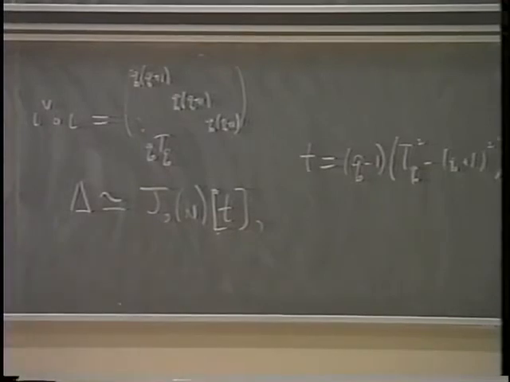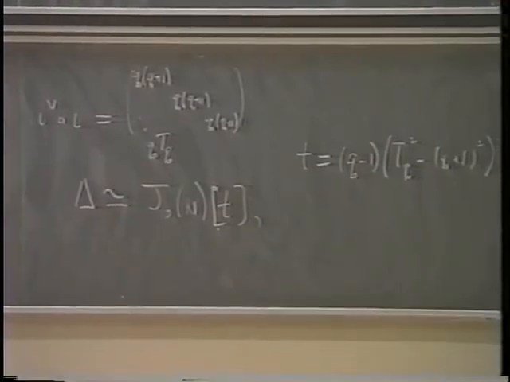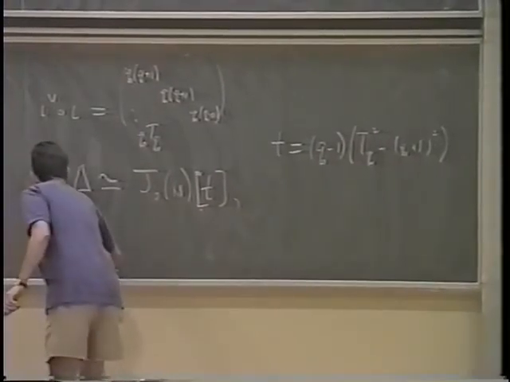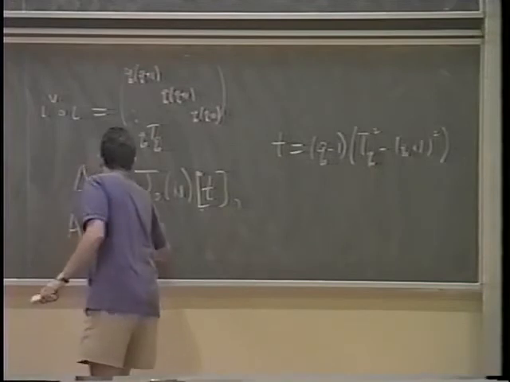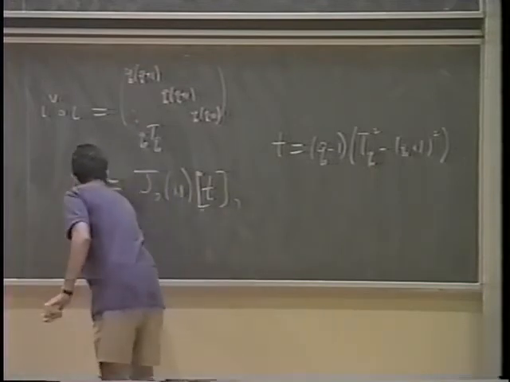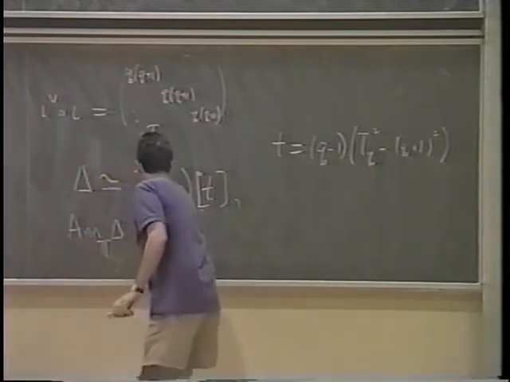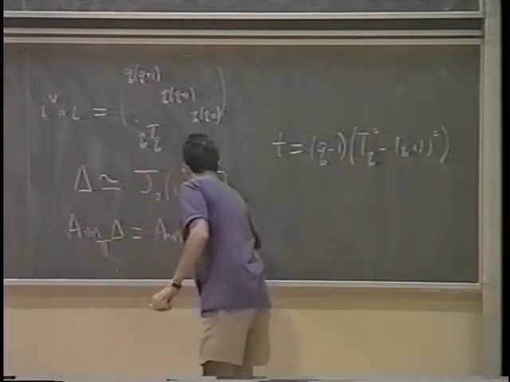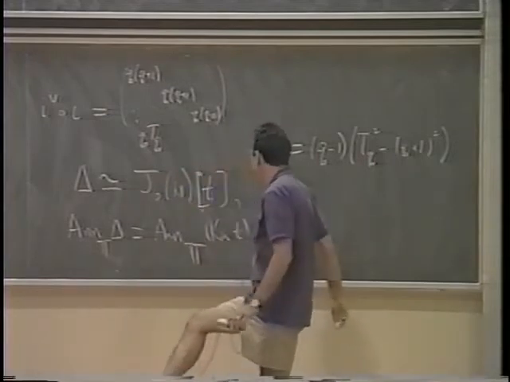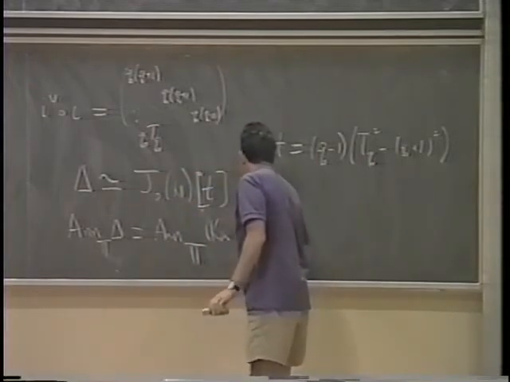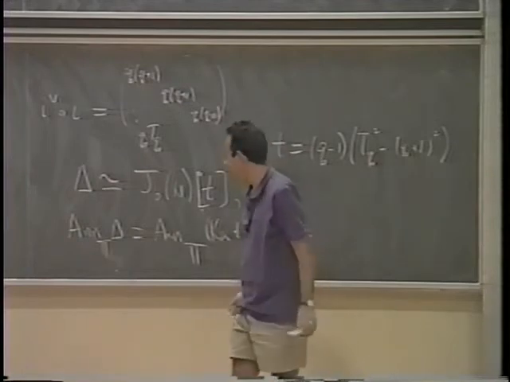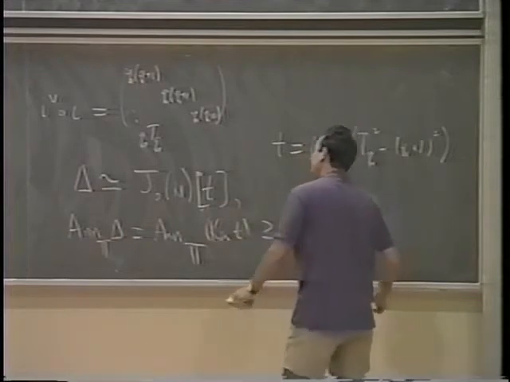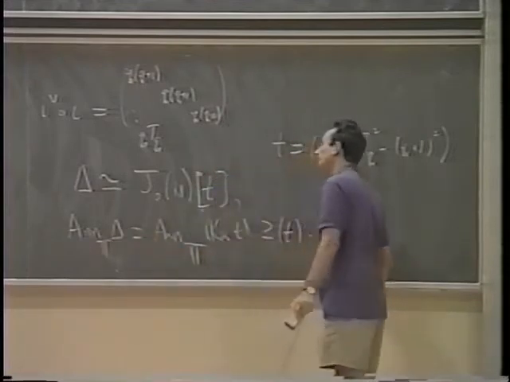And so this tells you that the annihilator in T of delta is just going to be the annihilator in T of the kernel of T. Of course, that will contain the ideal generated by T. And from that, it's very tempting to think that this annihilator is equal to this principal ideal.